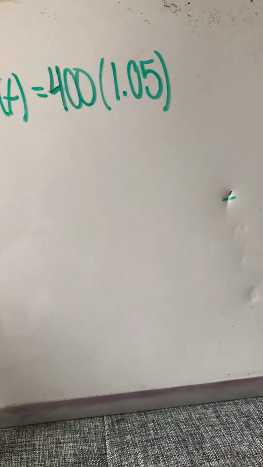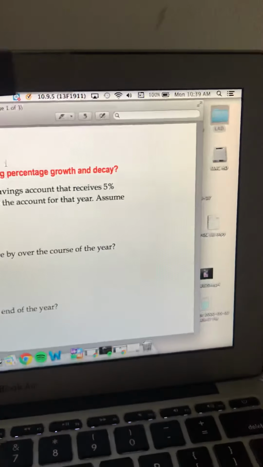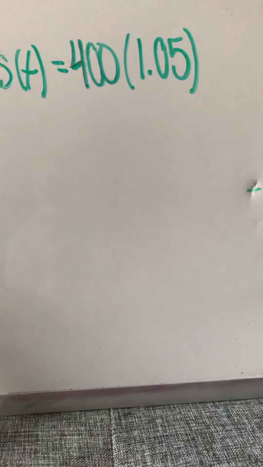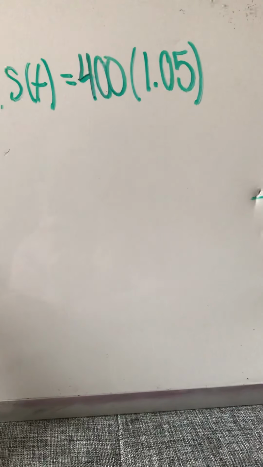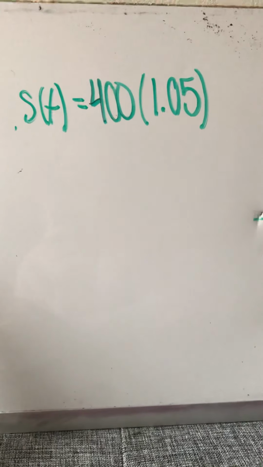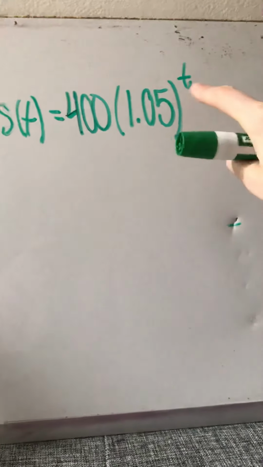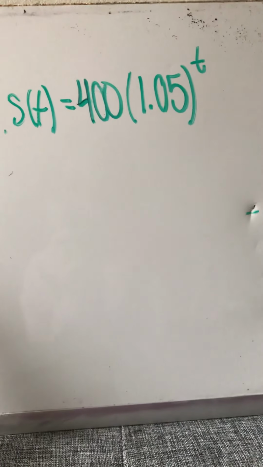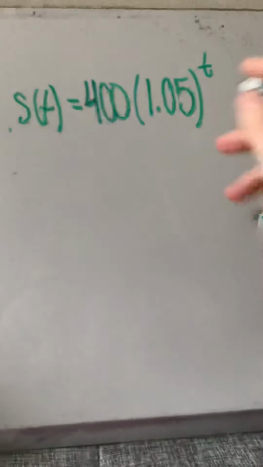The 0.05 just came from my 5% there. The 1 came from because it was increasing. And now to make it into an equation, I know that I need a variable here for the number of years. Well, this is going to be an exponential function, so I know that my exponent needs to be my variable. That's where my power needs to go. And then that's your equation here.